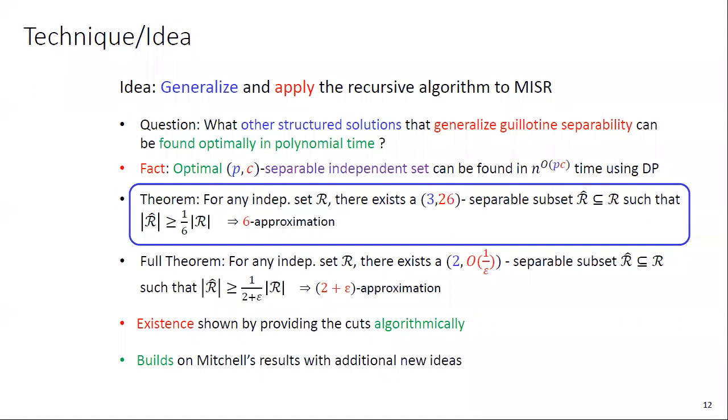Okay, so I want to give more details and dive now into this. Why, how do we prove this type of approximation? The analysis is roughly based on Mitchell's ideas, and it's just making them simpler and more efficient.